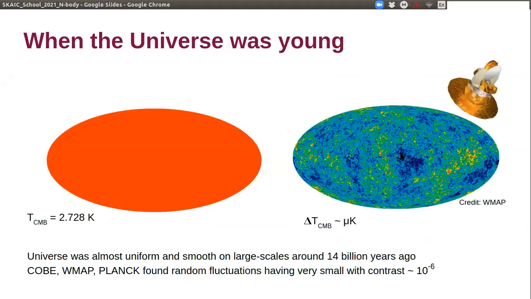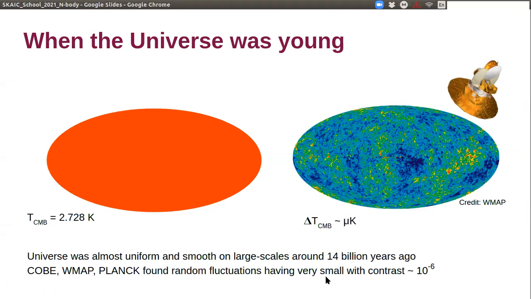We have another picture of our universe almost 14 billion years ago, where CMB experiments have measured the universe to be highly homogeneous and uniform, with a mean CMB temperature of 2.7828 Kelvin. However, they still measure some fluctuations in it, of the order of micro Kelvin.